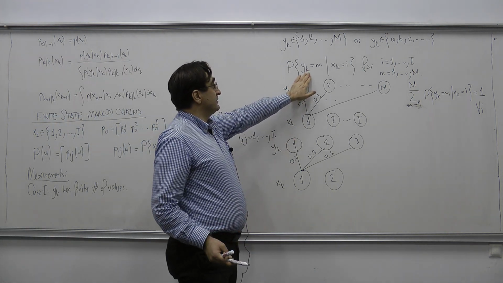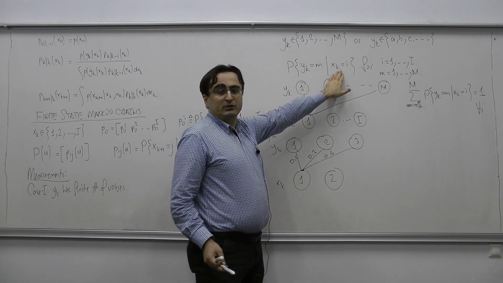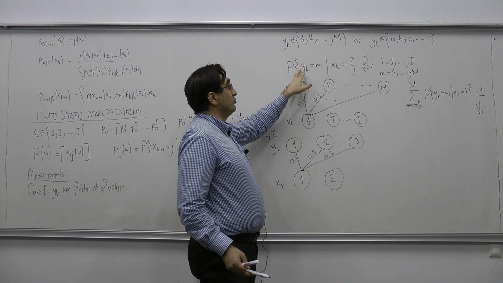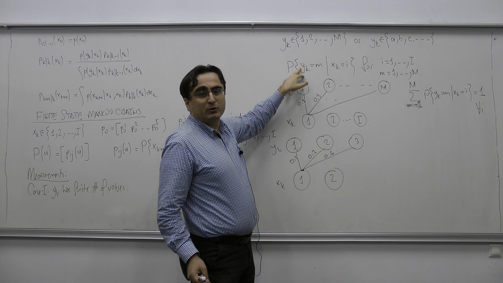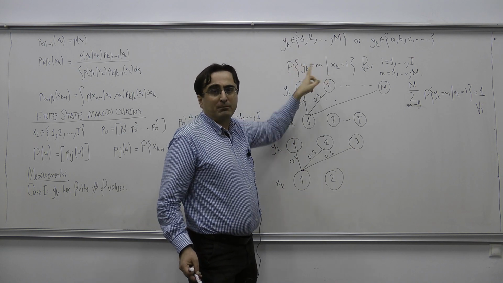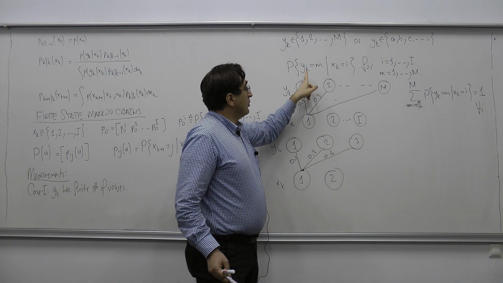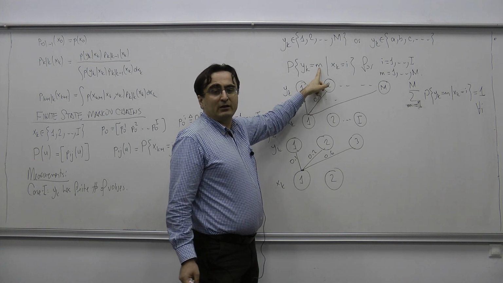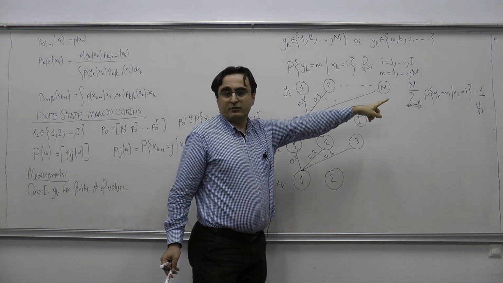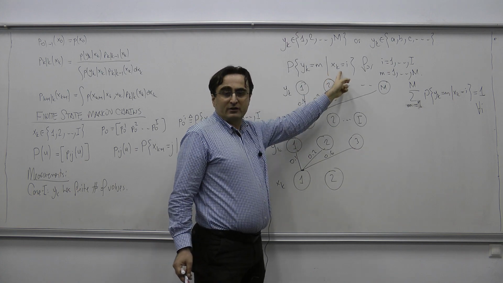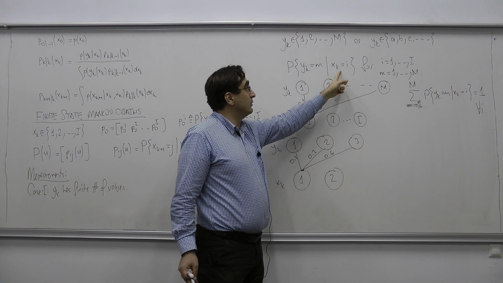Because this is a probability distribution. Given any condition, this is a probability distribution with respect to the discrete variable yk. So it has to sum to 1 with respect to its argument. If I sum with respect to the values of m, then I need to get 1 here. The other summation does not have to be equal to 1.